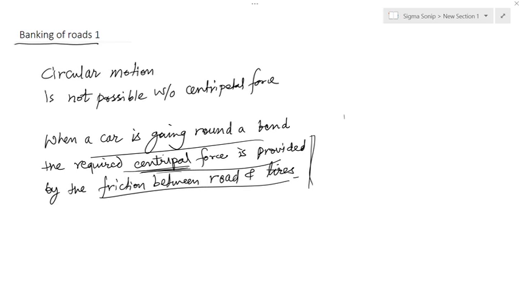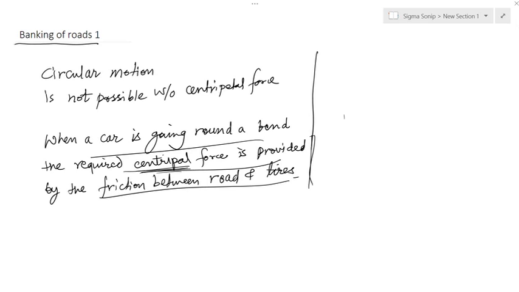If you have seen bicycle tracks and velodromes where they have bicycle races, you must have seen that the bicycle tracks are normally banked. It's the same concept here, and we are going to look at how the banking helps a car go around the bend in a safe manner.